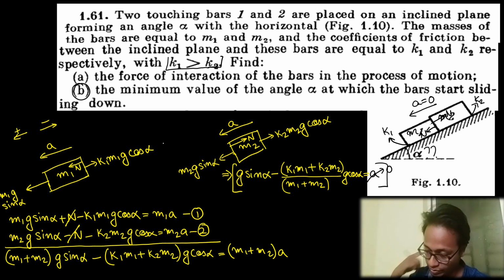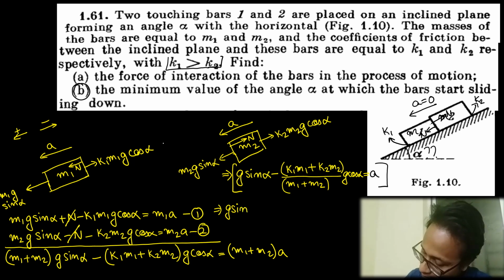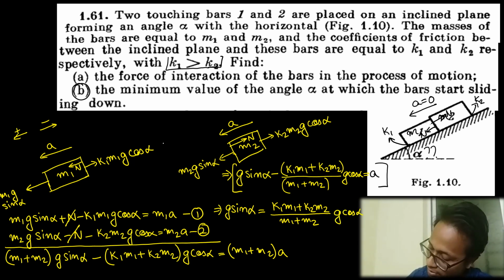If we solve this acceleration by putting the value of a equal to 0, we'll get the value of sin alpha. So g sin alpha is equal to, I have put a equal to 0 and taken this entire term to the right hand side, k1 m1 plus k2 m2 by m1 plus m2 into g cos alpha. g and g get cancelled.